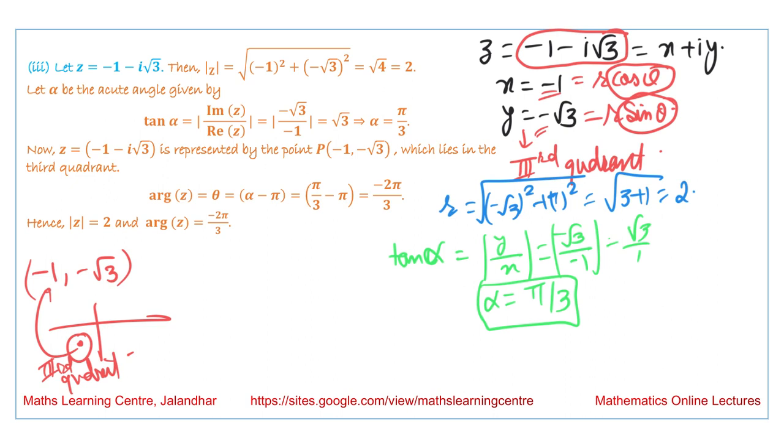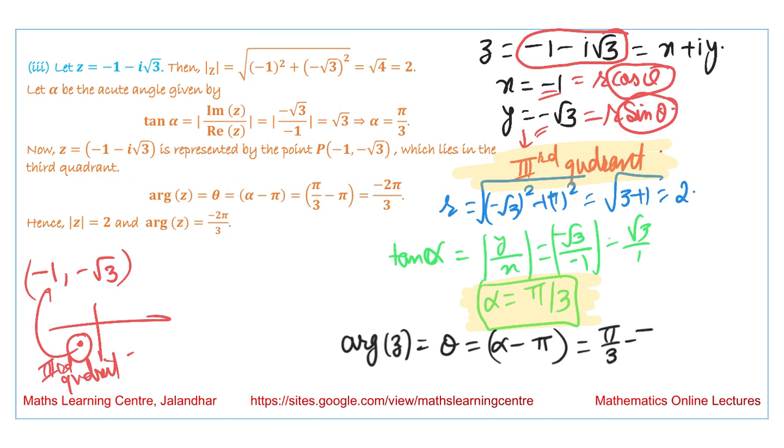Now based upon our formula, since this number is lying in the third quadrant, the argument of z, that is theta, will be equal to alpha minus pi. So the answer we obtain is pi by 3 minus pi, that is equal to minus 2 pi by 3.